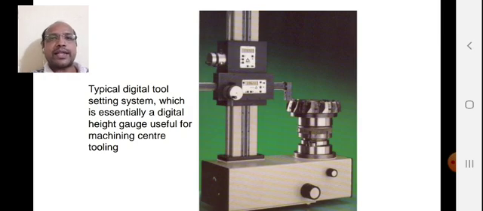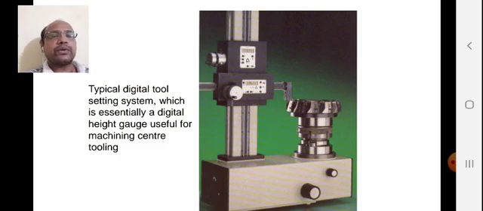So tool presetting is very important for increasing the accuracy in manufacturing, because we need to change the tool during the manufacturing operation. We need to vary the speed of the cutting tool and the speed of the workpiece many times. So we need to set the tool very precisely so that there will not be a repeated error during the manufacturing operation.